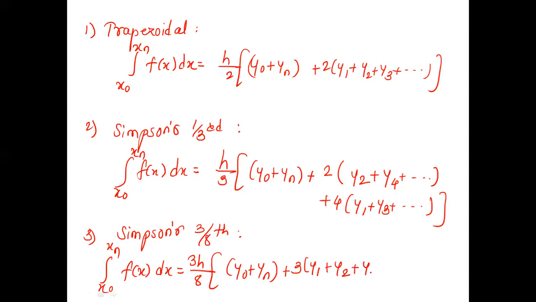So y3 नाही येणार, y4, y5 येईल, y6 नाही येणार, y7 येईल, and so on, and plus 2 times all the multiples of 3, so y3, y6, and so on]. So this is how the formula is. Please remember all of them.